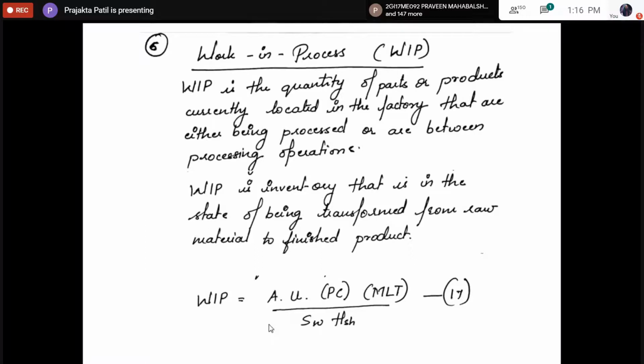Work in process is like an investment made by the firm, but the firm will not get any returns until the part is processed and sent out. So work in process represents an investment by the firm, but one which cannot be turned into revenue until all processing has been completed.